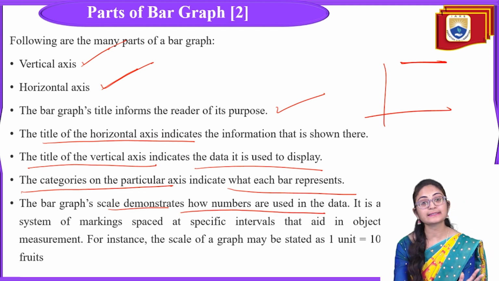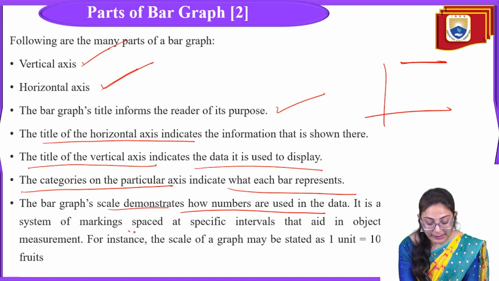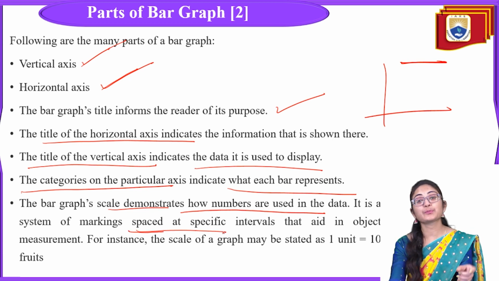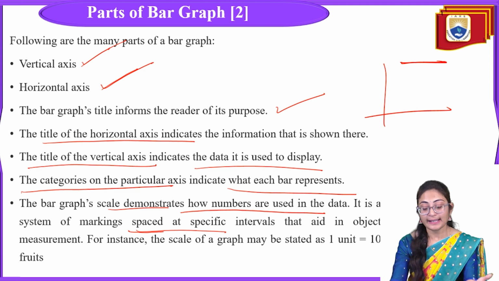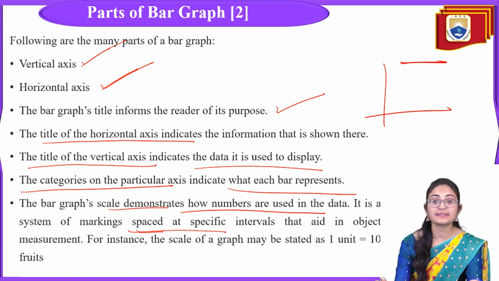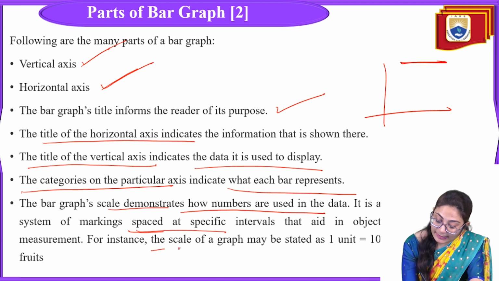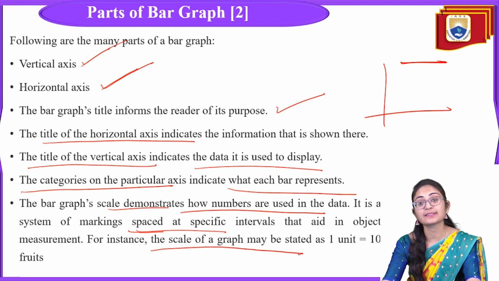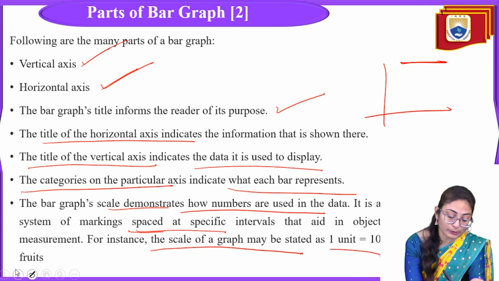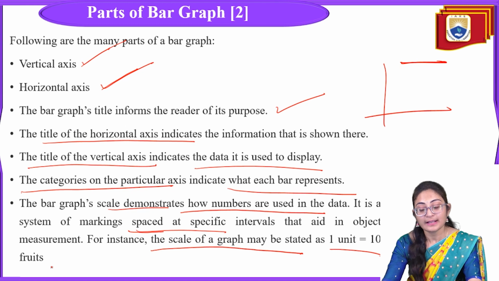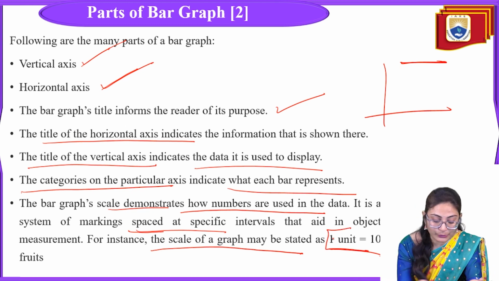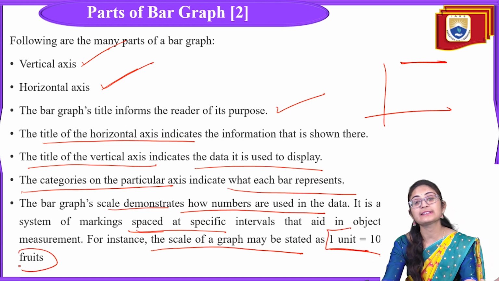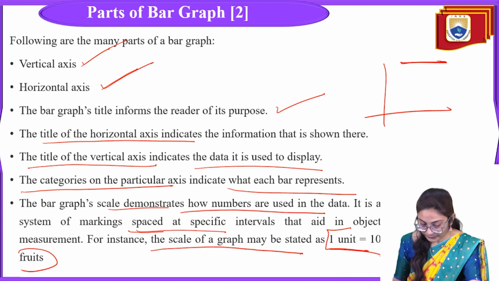It is a system of markings spaced at specific intervals that aid in measurement. For instance, the scale of the graph may be stated as 1 unit is equal to 10 fruits. Just we have taken as a unit, 1 unit is equal to 10 fruits.